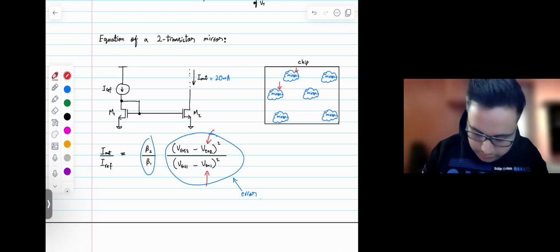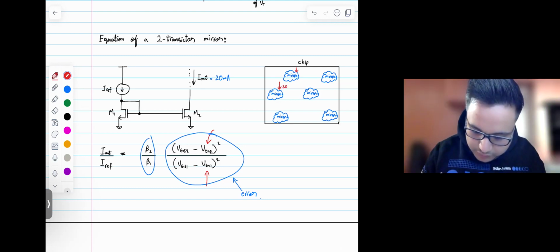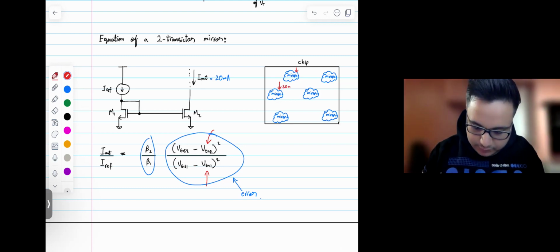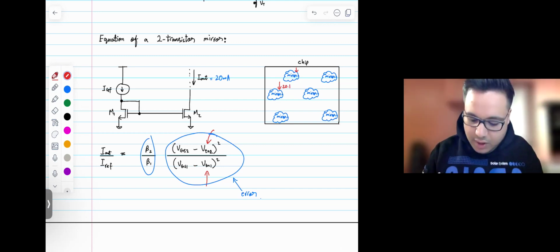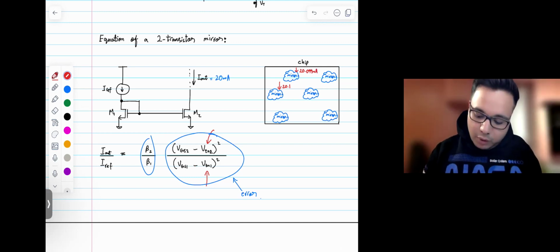So you might find that this mirror draws, for the sake of an example, instead of 20 milliamps, 20.1 milliamps. Here, the error might be different, and you might see 20.099 milliamps or something, and so on.